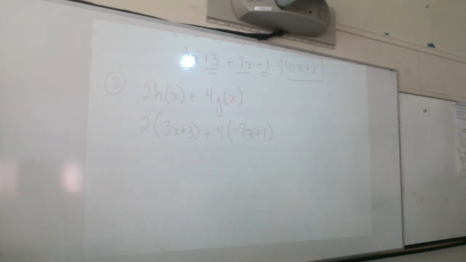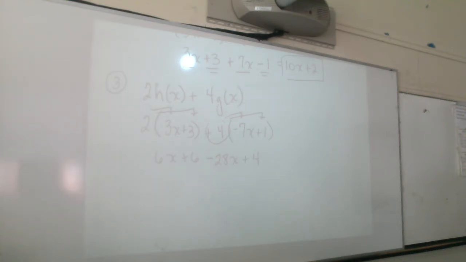This is times. So now I've got a number times parentheses. That means we're going to distribute. So let's go through and distribute. 2 times 3x is 6x. 2 times 3 is 6. I'm going to take this 4 and multiply through. 4 times negative 7 is negative 28x. 4 times 1 is 4. And then from here, we're just going to combine like terms. That's always the procedure.